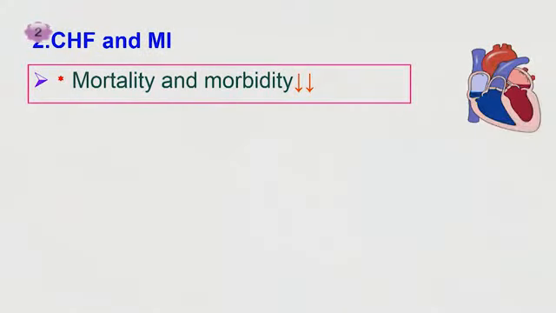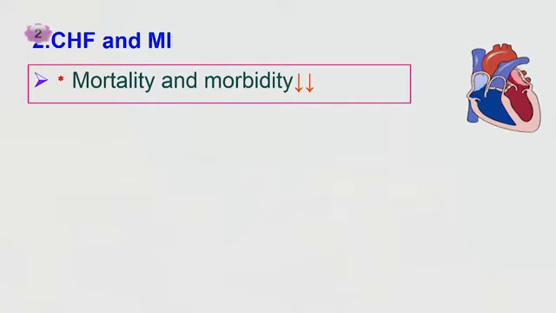The second use: we can use angiotensin converting enzyme inhibitors, captopril, enalapril, to treat congestive heart failure and myocardial infarction.